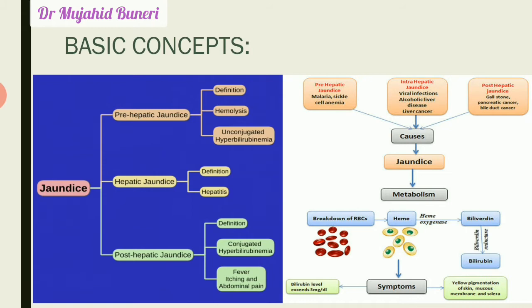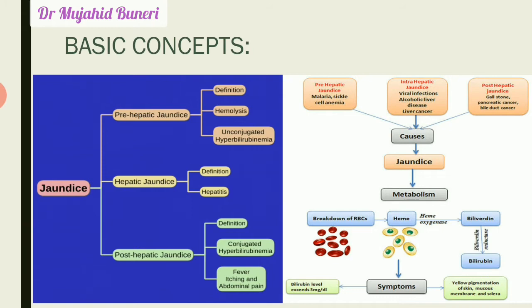So, obviously, any condition which leads to huge hemolysis or hemolytic anemia will produce a large amount of unconjugated bilirubin. So, if excess hemolysis occurs, it will increase unconjugated bilirubin, and we call this the pre-hepatic cause of jaundice.